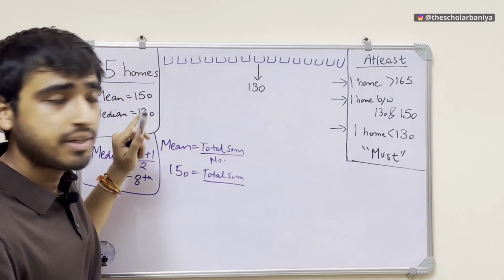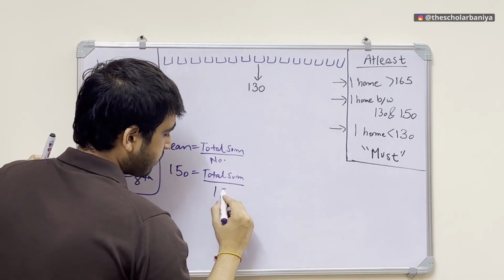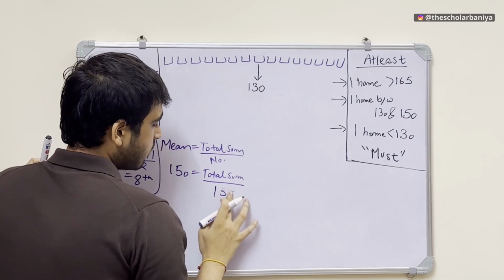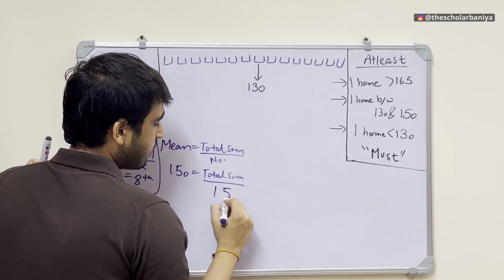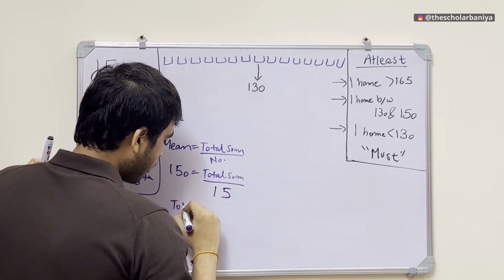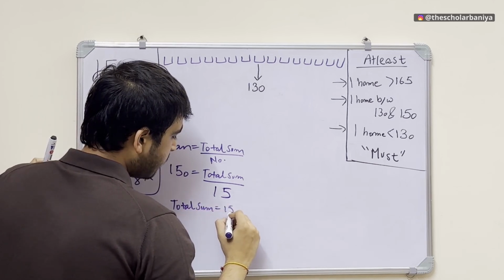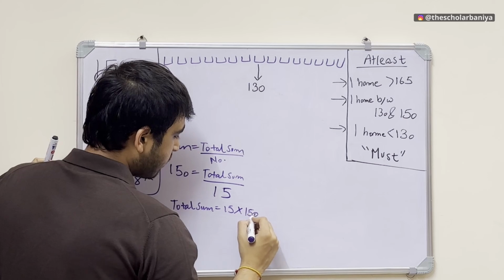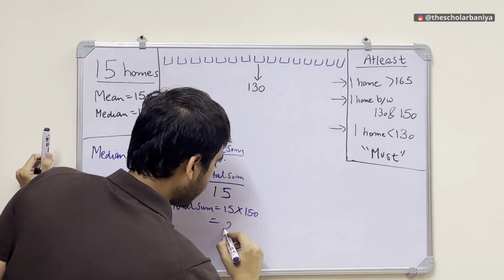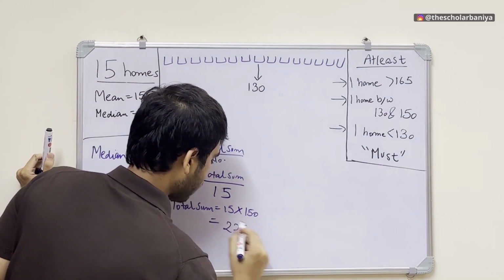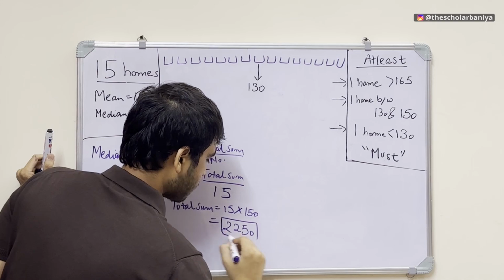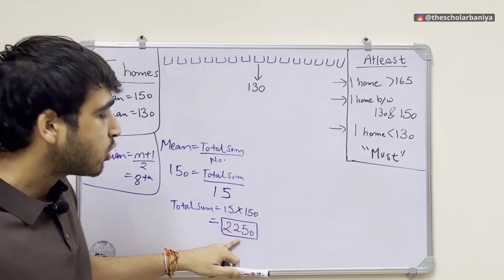How many homes are there? 15. So the total sum comes out to be 15 into 150, which is 2250, right? So this is the total sum.